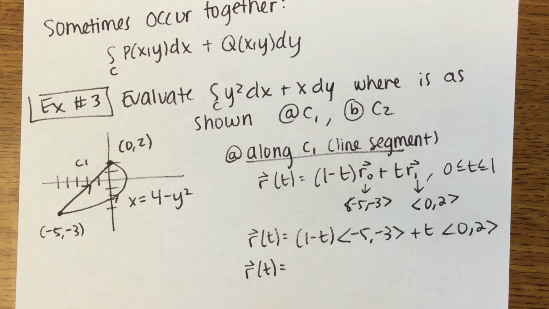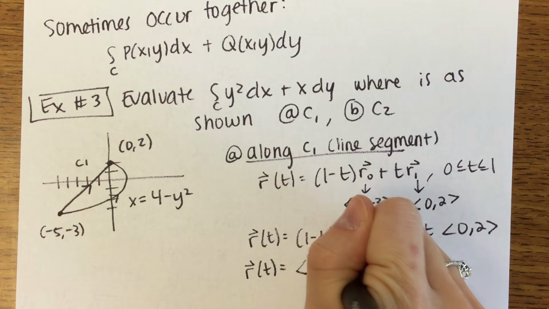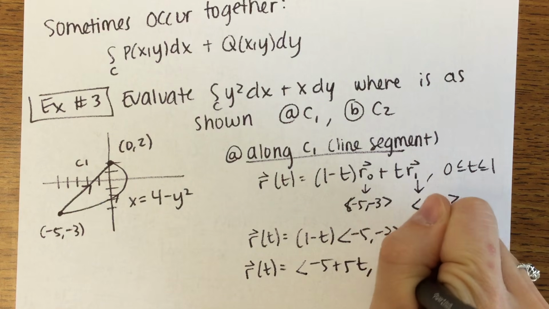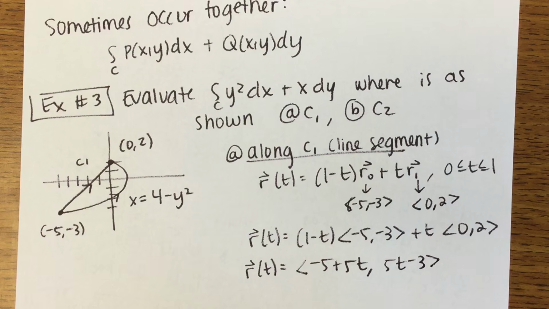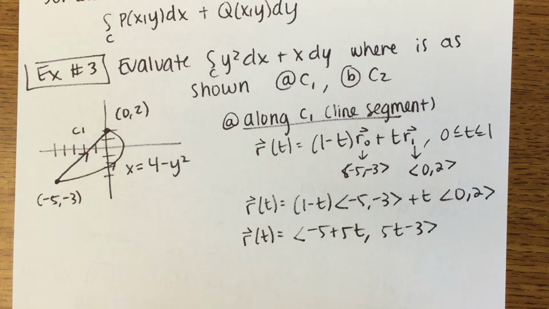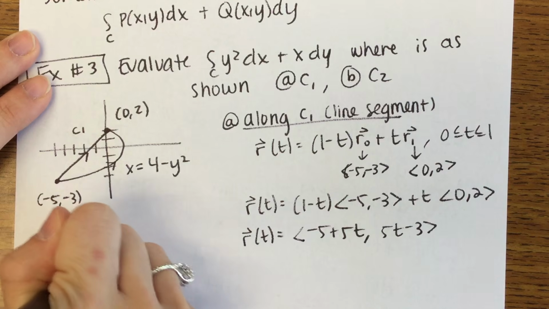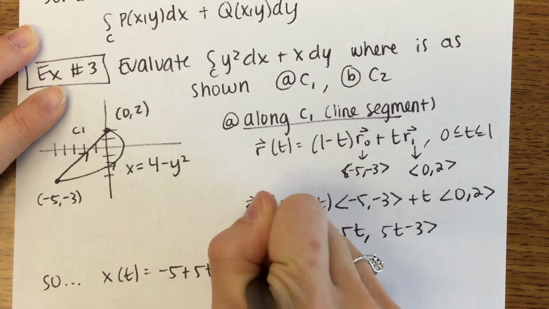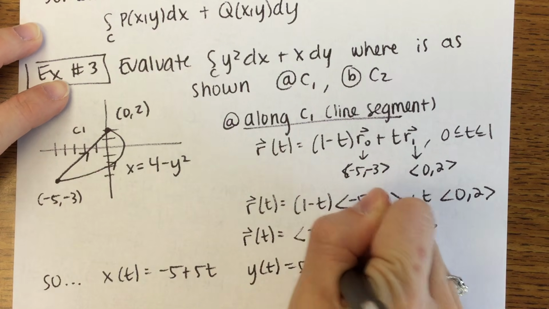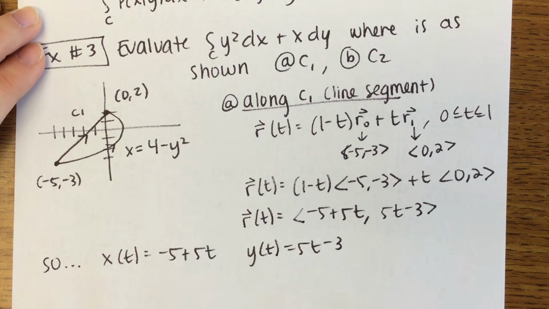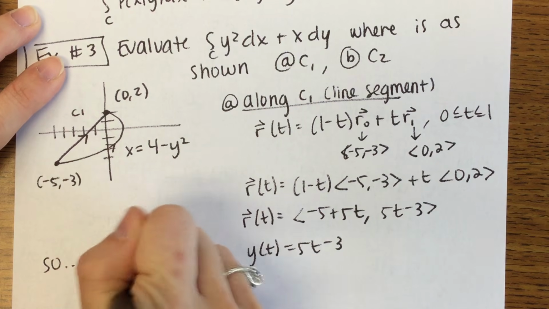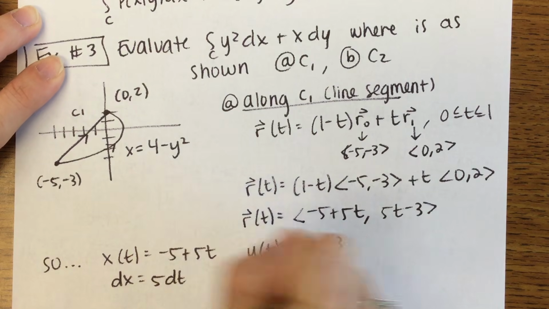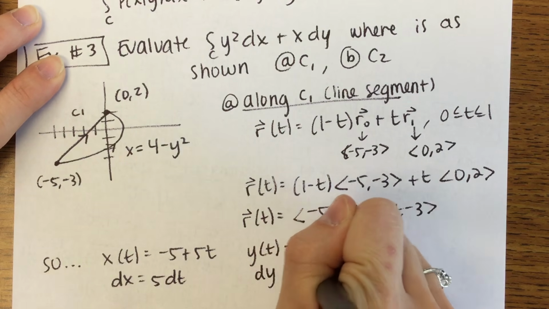Multiplying all that in and simplifying, if you trust me, it ends up being (-5 + 5t, 5t - 3). So here's what we get from that: x of t is equal to -5 plus 5t, y of t is equal to 5t minus 3. dx is 5 dt, dy is also 5 dt.